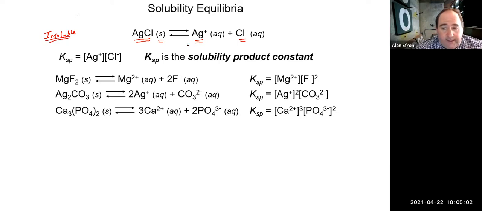So even though we've been beat into our heads that it's always insoluble, you put those two things together and you're going to see a solid, that's not always the case. Most of the time you probably will see a solid, but there's a lot of conditions that can affect whether or not you actually see that solid form.